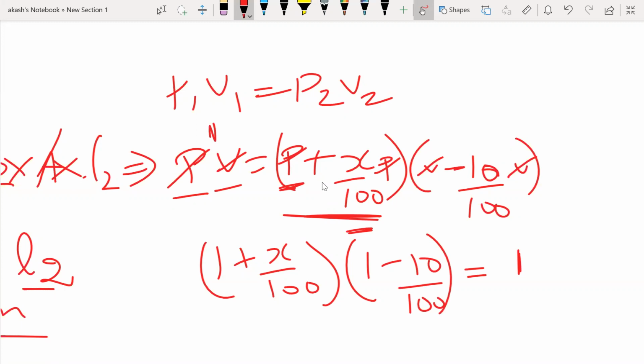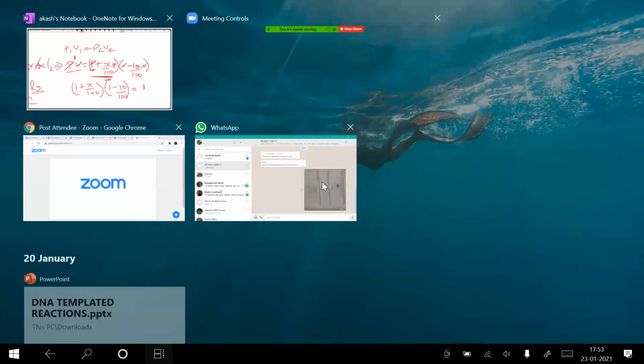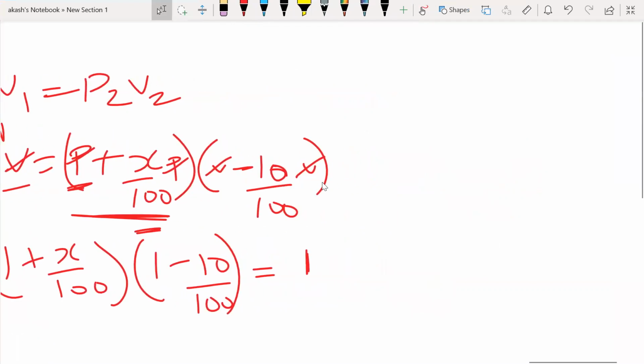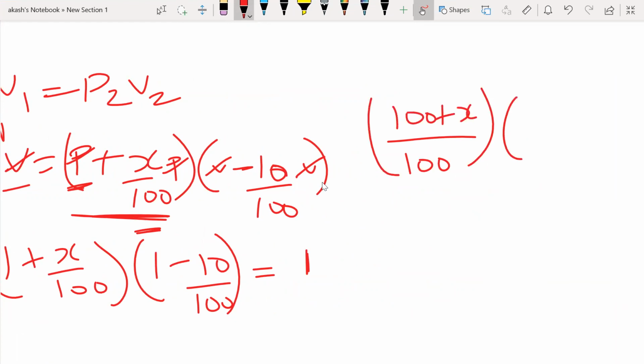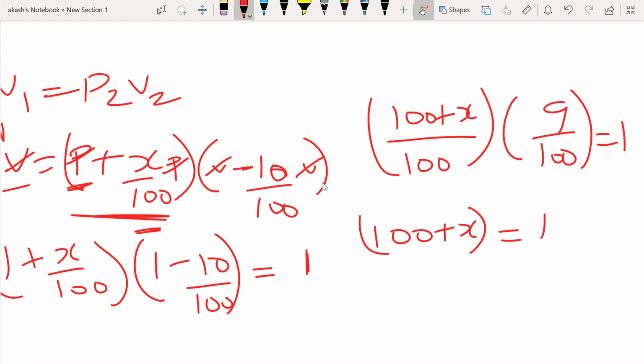Continuing, what you'll be getting is 100 plus X, into 1 minus 10 by 100 will become 9 by 100, is equal to 1. With this, 100 into 100 will go there. So I basically have 1000 plus X is equal to 1000 divided by 9. And if you want to find X, it will be 100,000 by 9 minus 100.